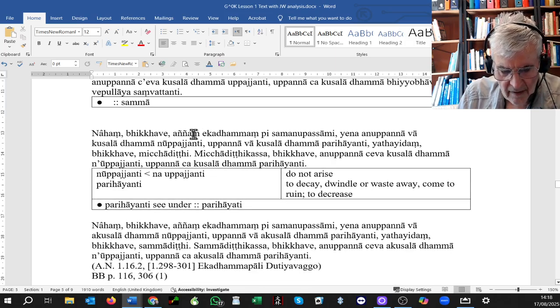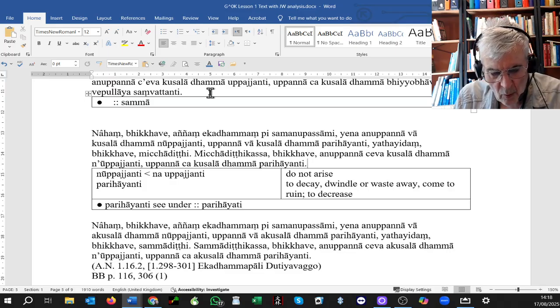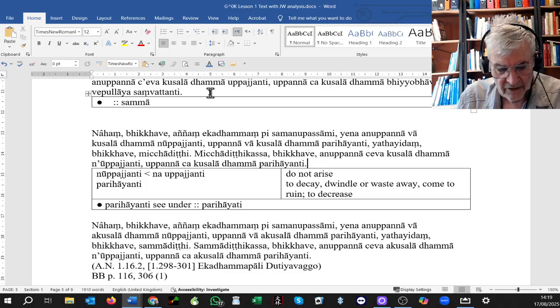Naham bhikkave anyameka dhammampi samanupassami yena anupannava akusala dhamma nuppajjanti, uppannava akusala dhamma parihayanti yathayadam bhikkave sammaditthi. Sammaditthikassa bhikkave anupanna cheva akusala dhamma nuppajjanti, uppanna cha akusala dhamma parihayanti.